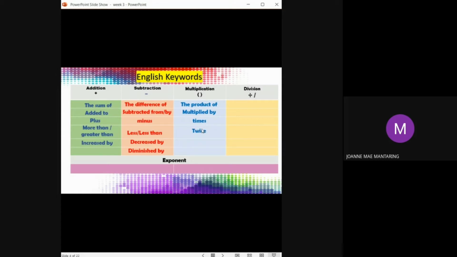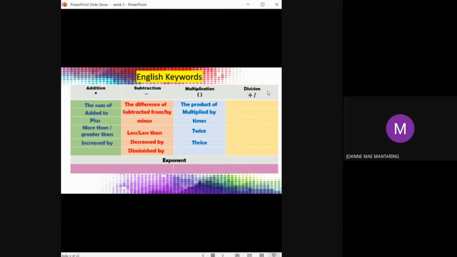We also use twice. When we talk about twice, we are talking 2 times. Minultiply ng sa 2 times. We have thrice, 3 times. Yan. So these are the words that are associated with multiplication.